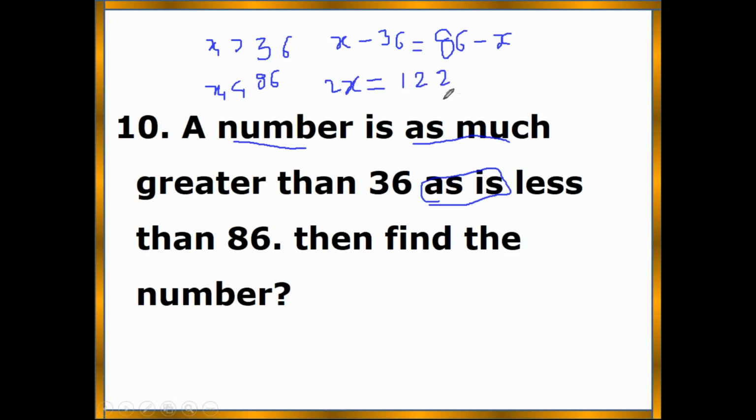So x is equal to 122 by 2. 122 by 2 means how much? 61. The final answer is 61.